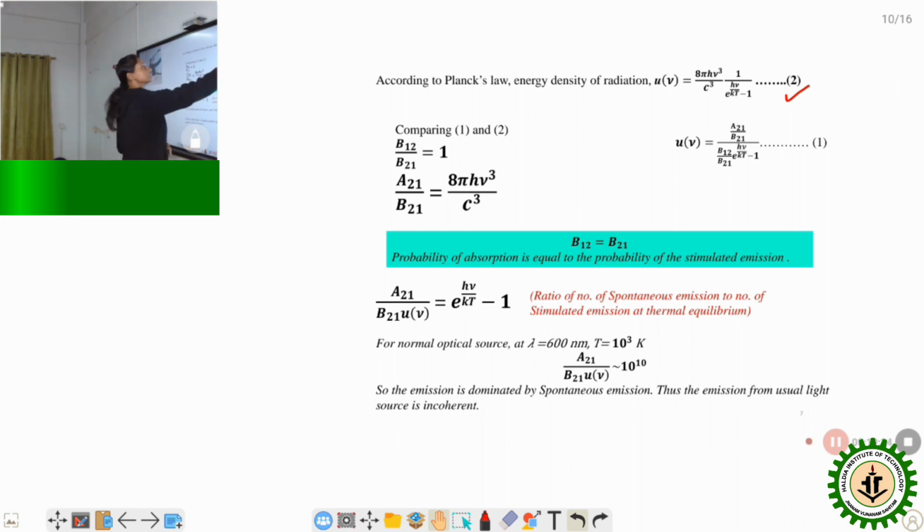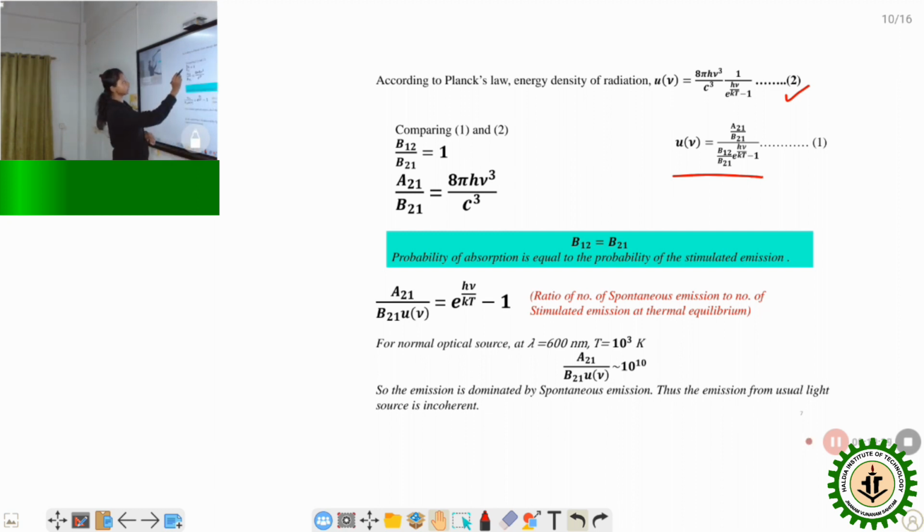If we compare equation 1 and equation 2, here I have also written down equation 1, we will get the values of the Einstein A and B coefficients.